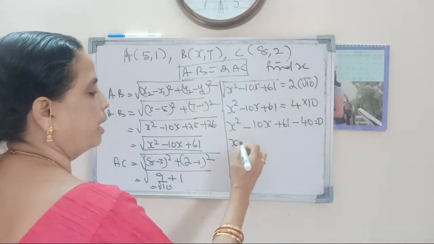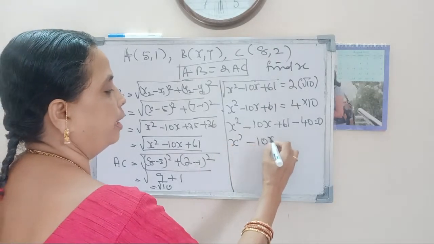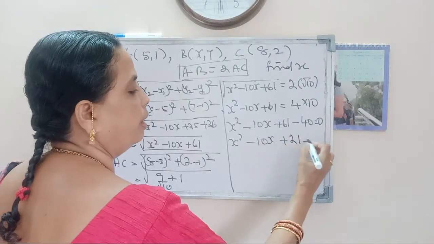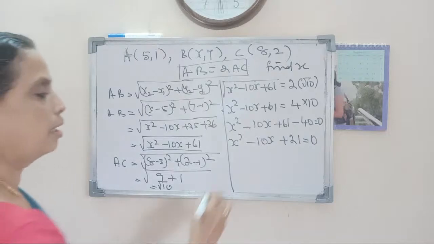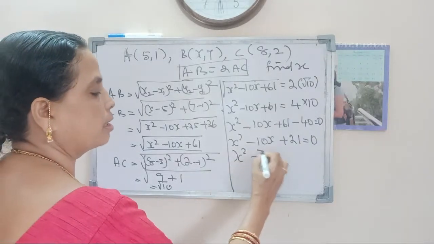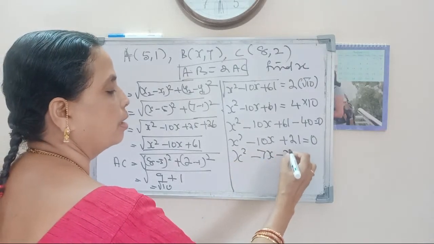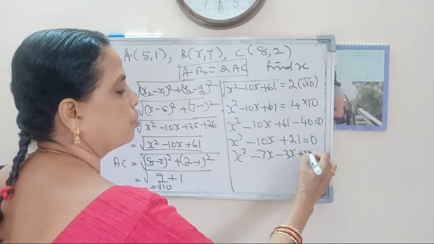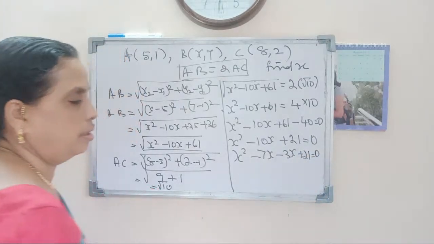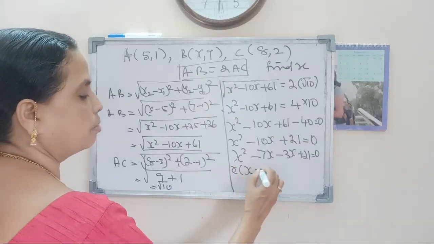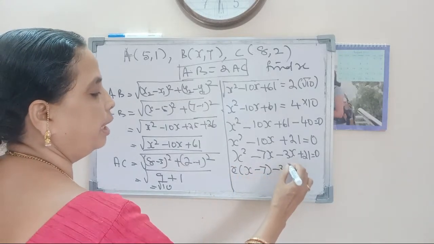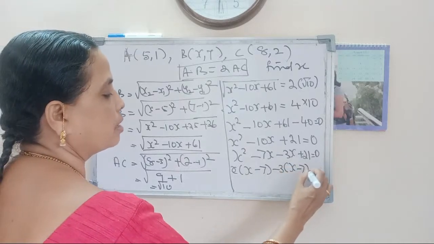Next, x square minus 10x plus 21 equals 0. Next, x square minus 7x minus 3x plus 21 equals 0. So, x into x minus 7, 3 into x minus 7.